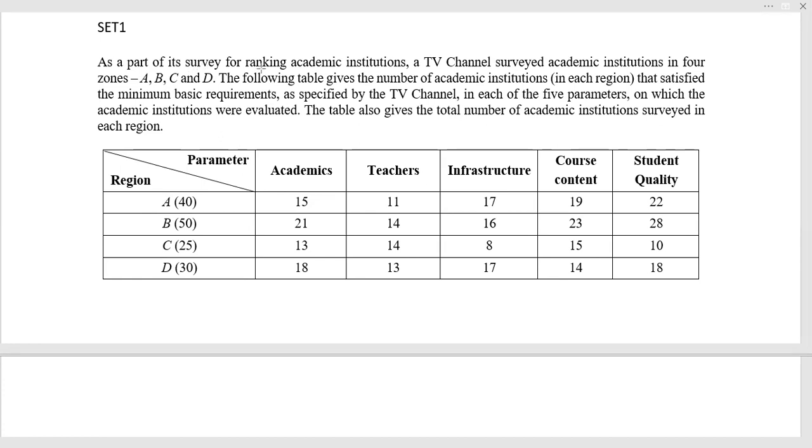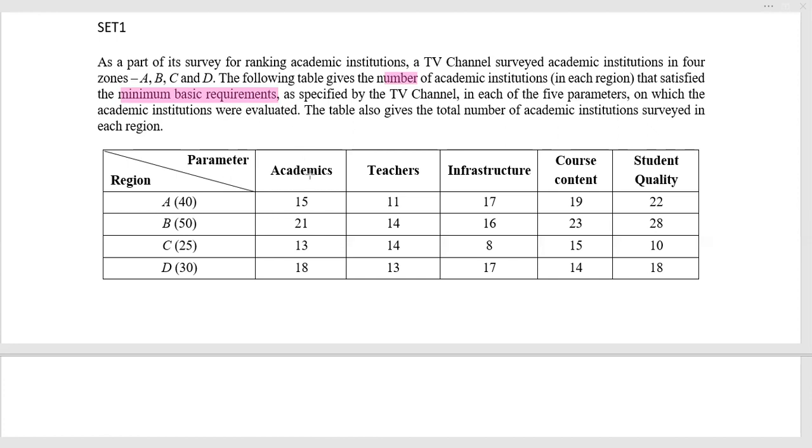As a part of its survey for ranking academic institutions, a TV channel surveyed academic institutions in 4 zones: A, B, C, D. The following table gives the number of academic institutions in each region that satisfy the minimum basic requirements specified by the TV channel in each of the 5 parameters on which the institutions were evaluated.